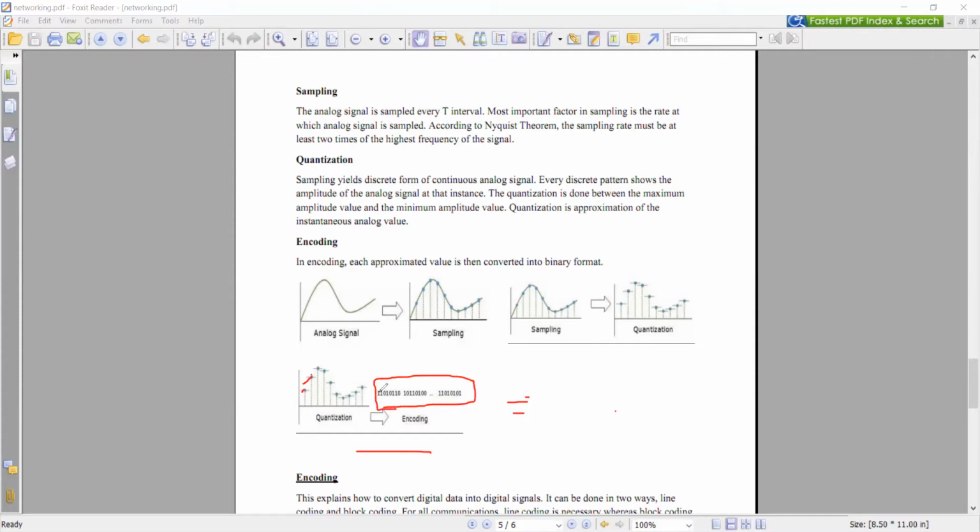This is called digital. So ones and zeros means it's digital. So this analog has become digital by using this PCM method, right? Okay, then we'll go to the encoding part.